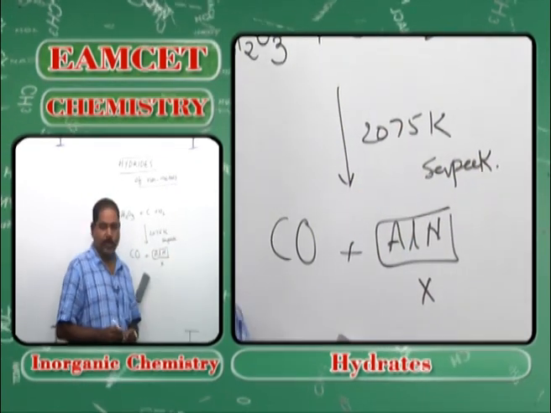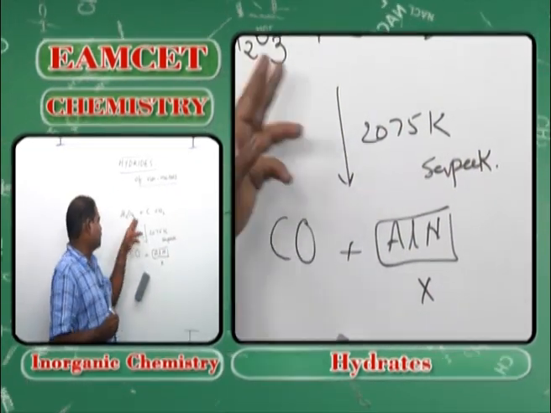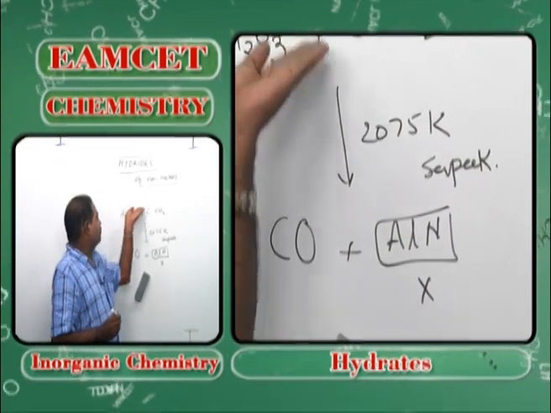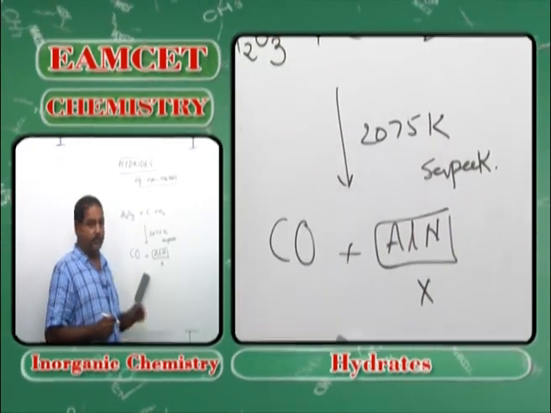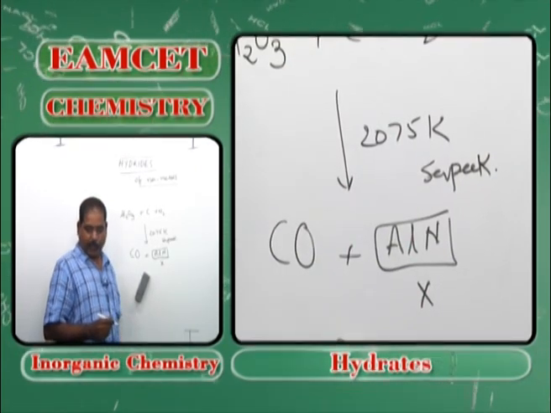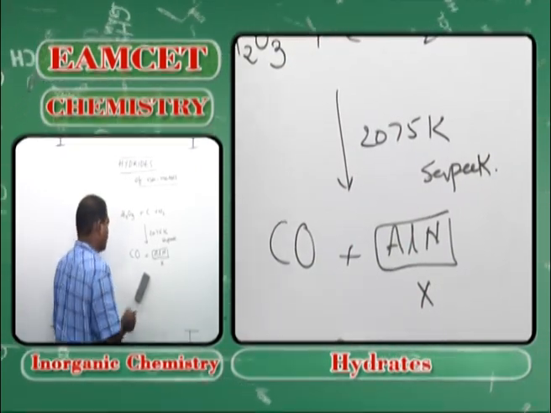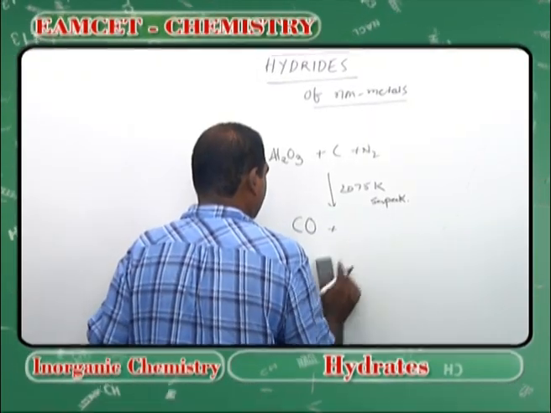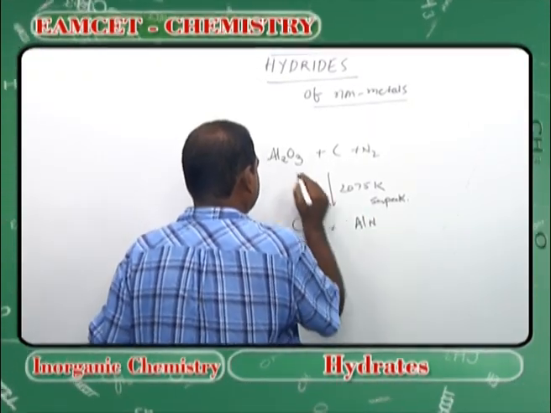In the Serpek process we try to eliminate silicon dioxide. Actually, silica vaporizes at that high temperature. Silica is an impurity. So when X, aluminum nitride, is reacted with water, what are the products?